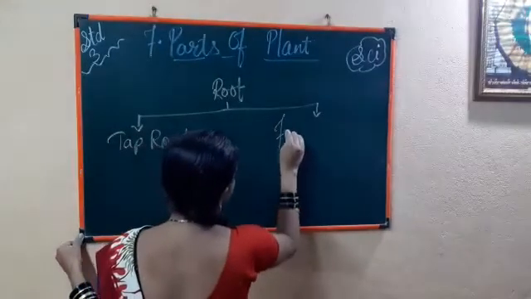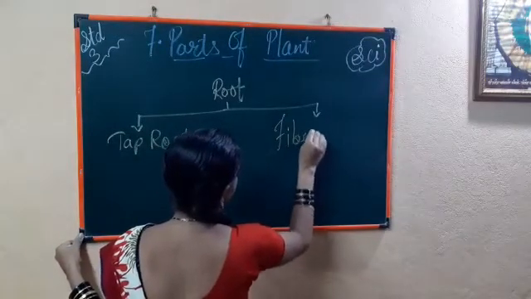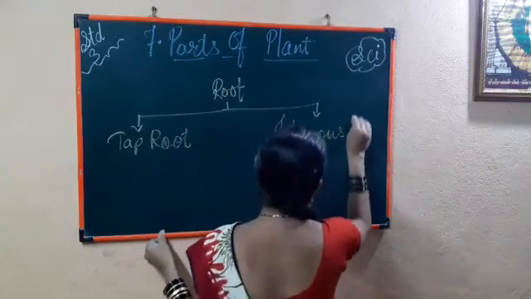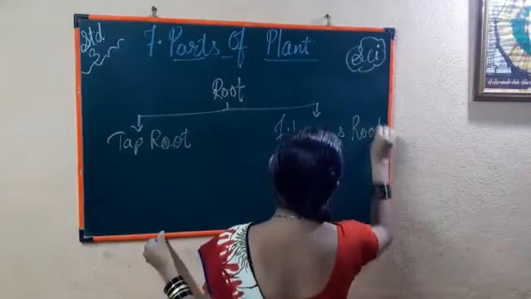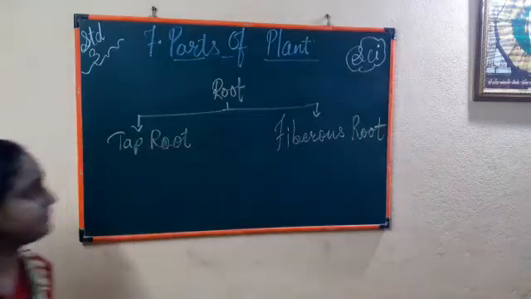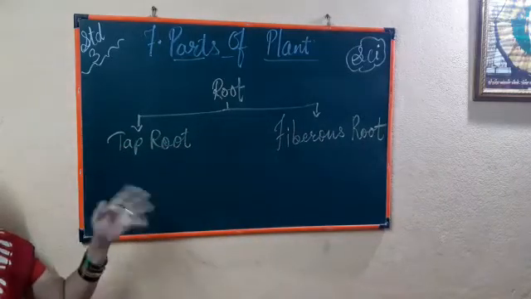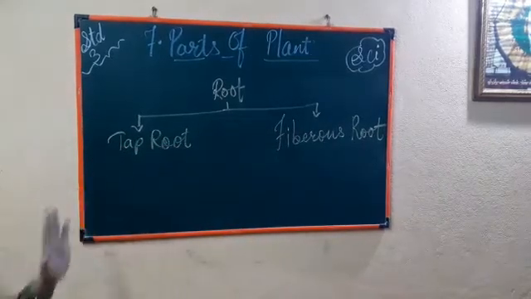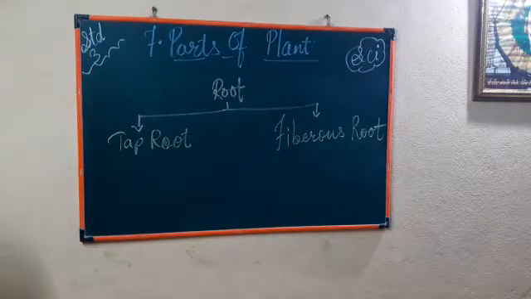One is taproot and the other is fibrous root. Taproot and the fibrous root, these two are the types of the roots, okay.